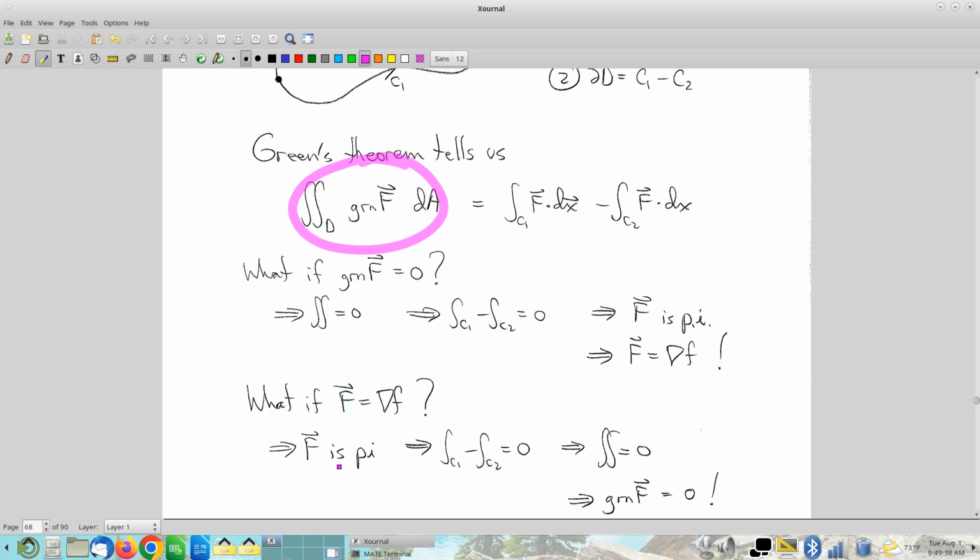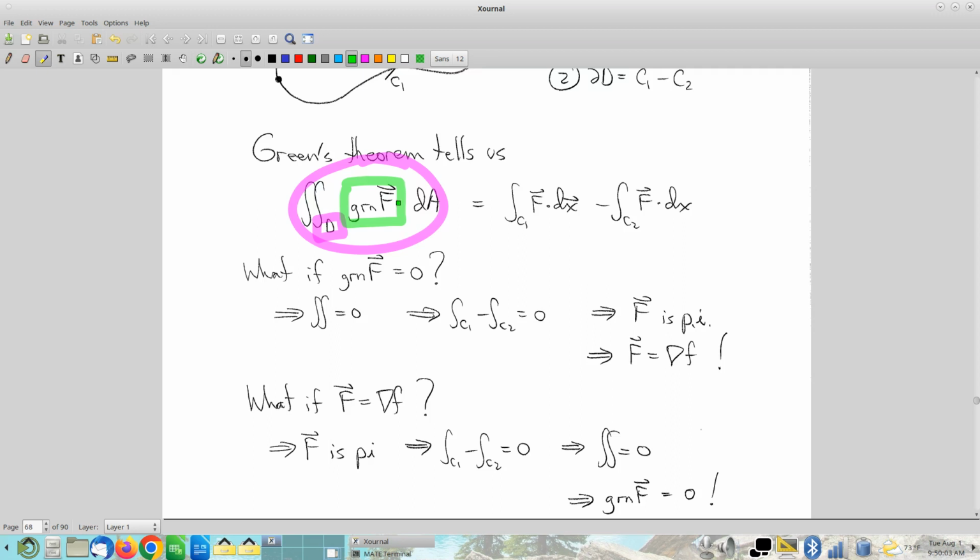How can we have an integral here that's always 0, no matter what domain you pick? Every domain, the integral of this thing here must be 0. What integrands can you think of for which the integral is always 0, no matter what region you integrate over?